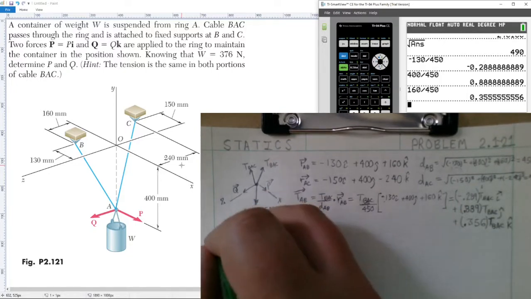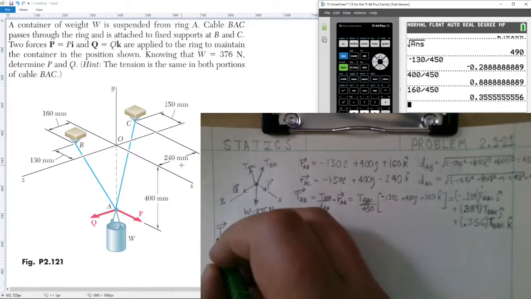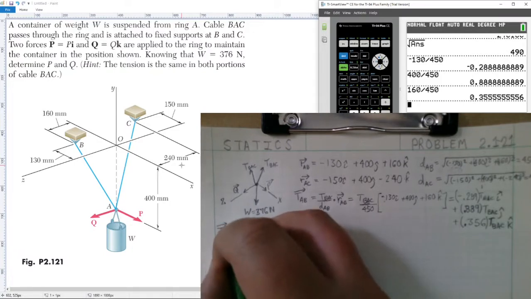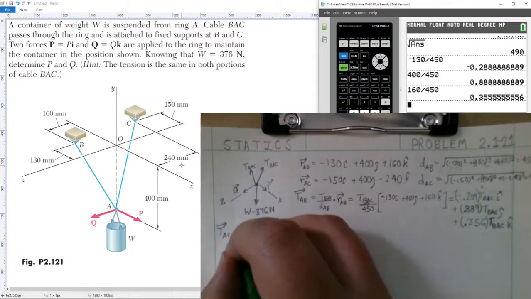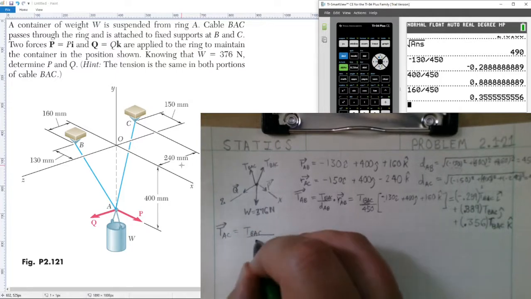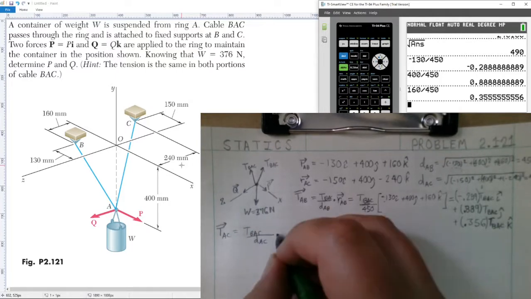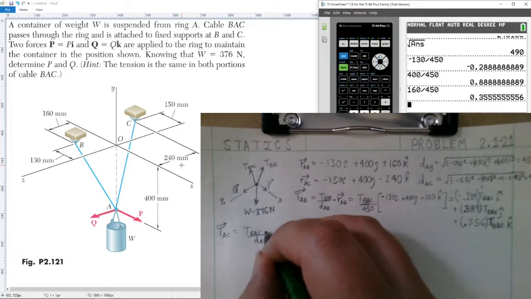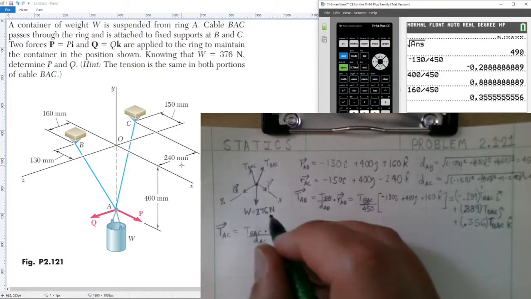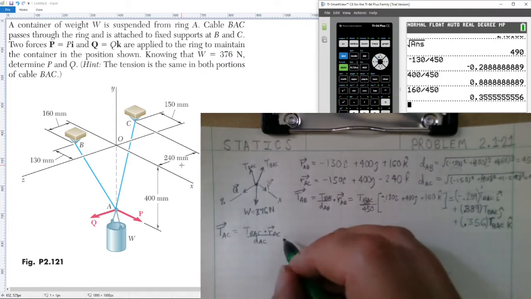Now we're going to do the same thing for our tension vector from A to C, since the vectors have different position components. This will equal tension BAC over distance AC times the position vector R_AC.